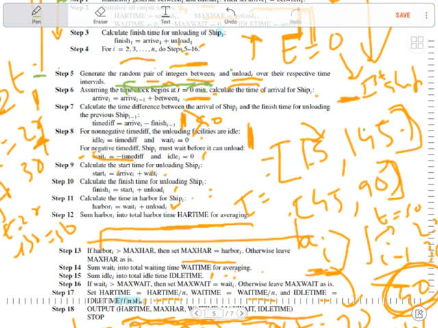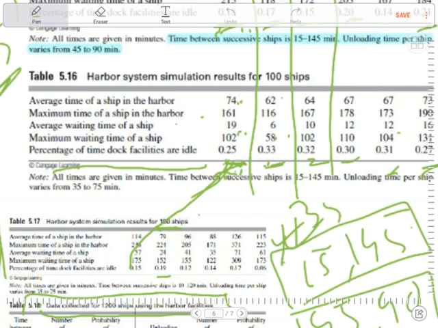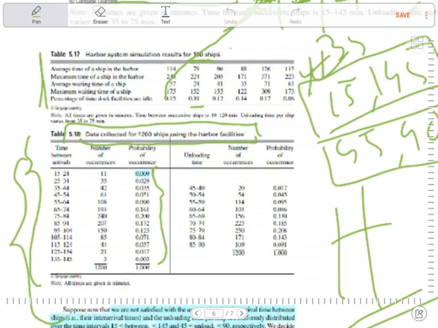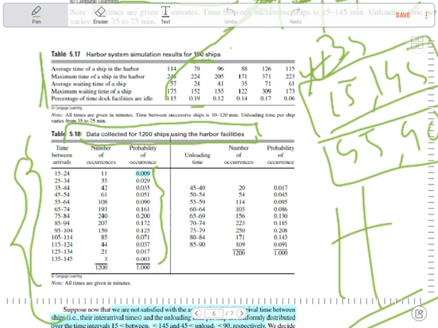Keeping that in mind, see here what they are giving. Suppose the time interval is 15 to 24, the time between arrivals being measured. That means between one ship and the second ship, the gap is from 15 minutes to 24 minutes, with number of occurrences 11. That means 11 ships maintain a time gap between 15 to 24 minutes.